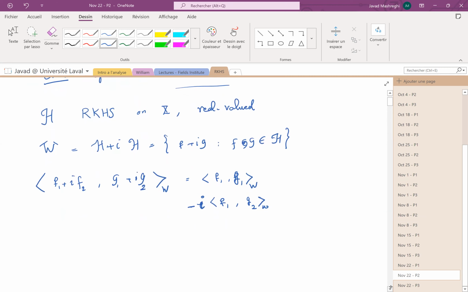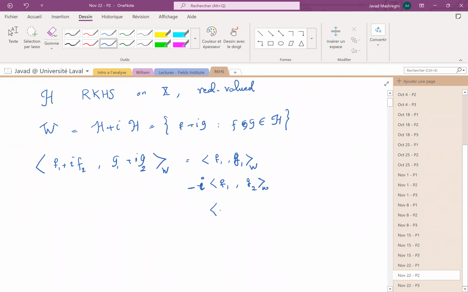Then plus the inner product of i f2 with g1 in W, and i comes out, becomes plus i. And finally, the inner product of i f2 with i g2 in W, where i and i from both components come out. It's i times minus i, which gives us plus. So if we want to have an inner product, it has to satisfy this identity.